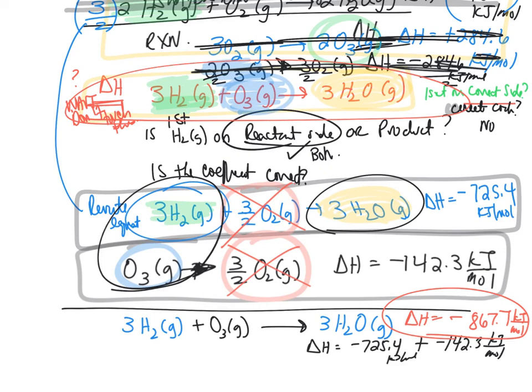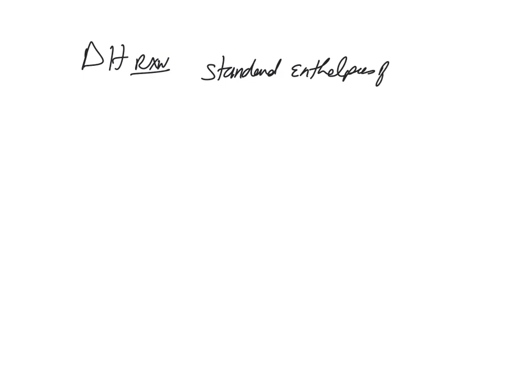The next way is the final section of this chapter, and it's called the standard enthalpies of formation. So another way you can come up with a delta H for a reaction is using the standard enthalpies of formation. And so here you have an equation. So what is this? You'll see this is written delta H formation with that little superscript.